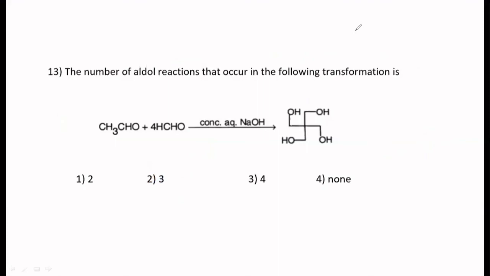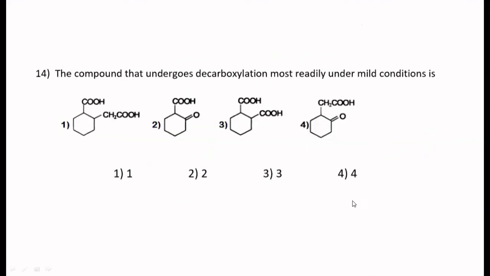Okay, let's go to the next one. The compound that undergoes decarboxylation most readily under mild conditions is, just now I told you in the previous question. If you have understood that, you will be able to answer this.